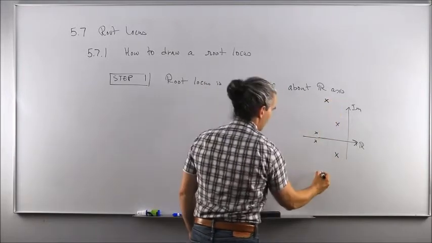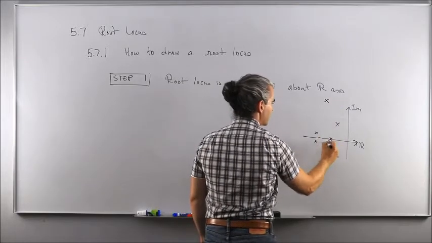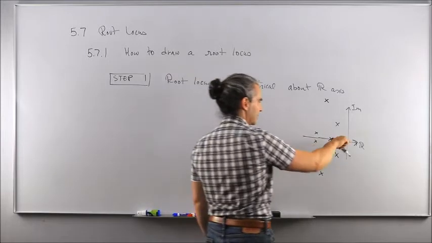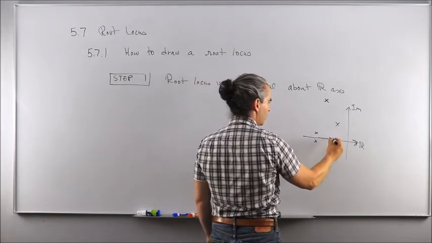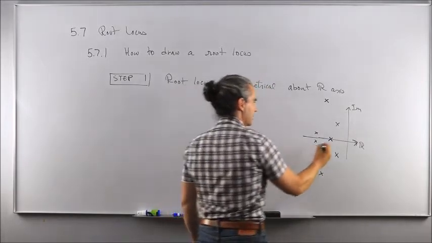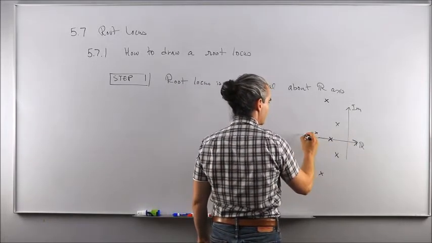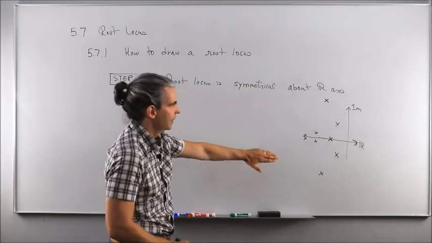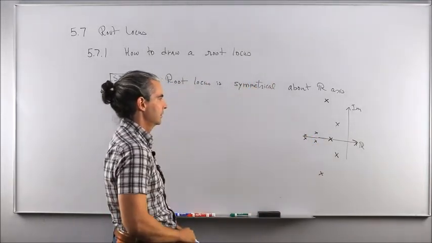One over there, one over there. One on the real axis, fine. Totally fine, because this is the axis of symmetry. But as soon as the pole is away from the real axis, it needs a counterpart with the negative imaginary part.